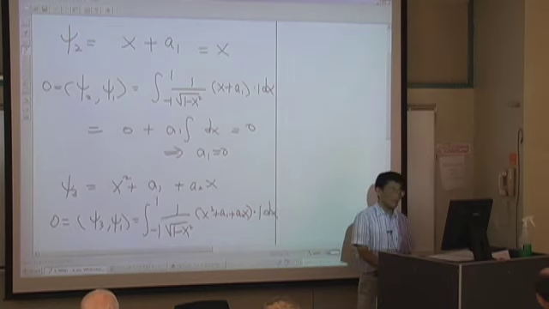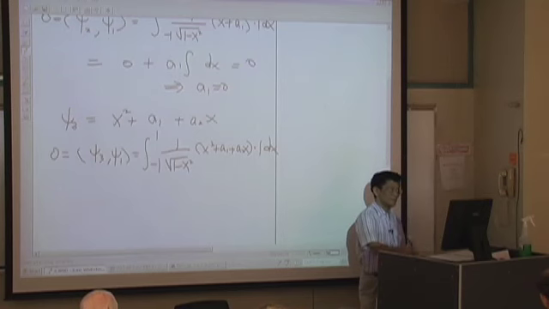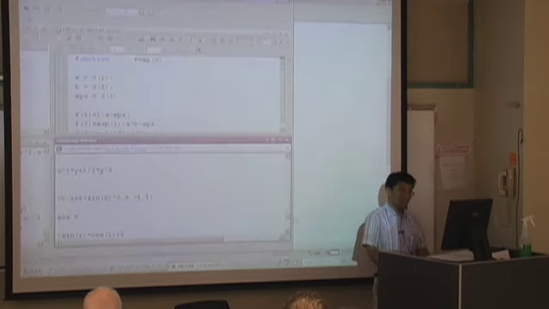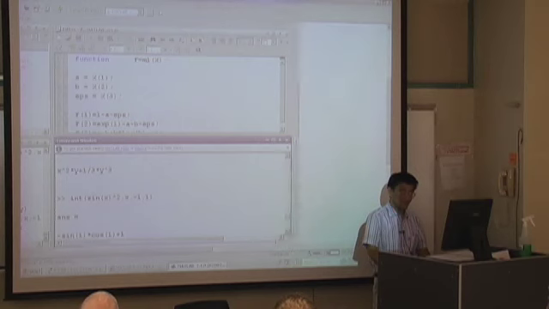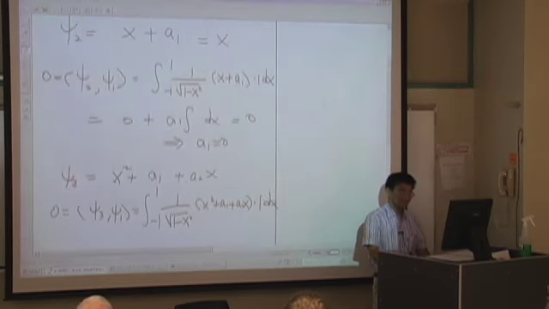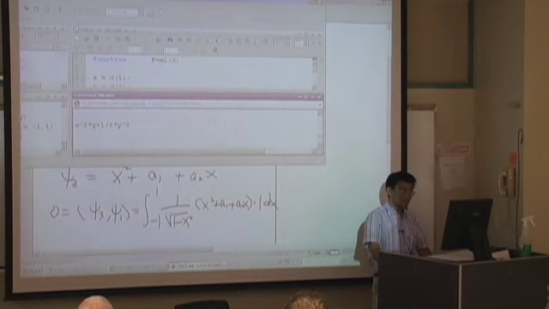Then if we integrate, then this integral, and then a1 times... so it's time to use MATLAB. Last time I did hand calculation, but this time I want to use MATLAB to do the calculation. So let's do the calculation of this first integral.